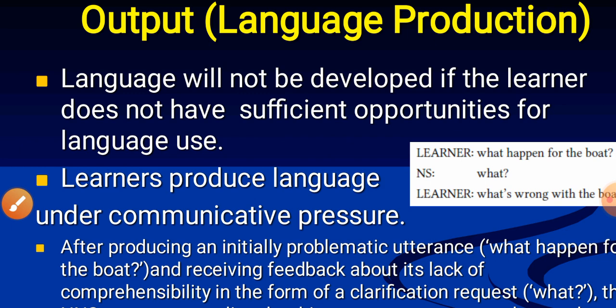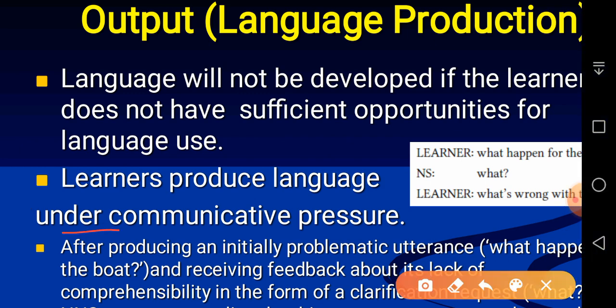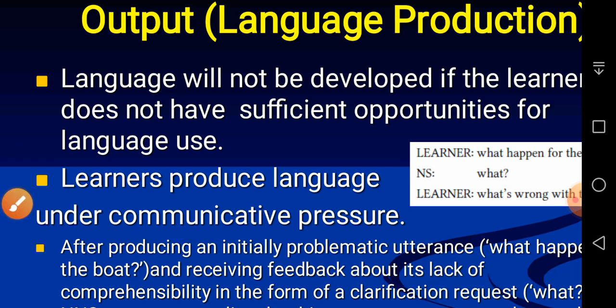So learners produce language under communicative pressure. If there is no communicative pressure, let's say you are having a chat or conversation with someone, you are at the railway station, you are at the airport, so you both are talking to each other. If you are trying to speak English and there will be a communication gap if you don't respond, so under the pressure of communication you start producing language. So it means that in interactions we are forced to speak.